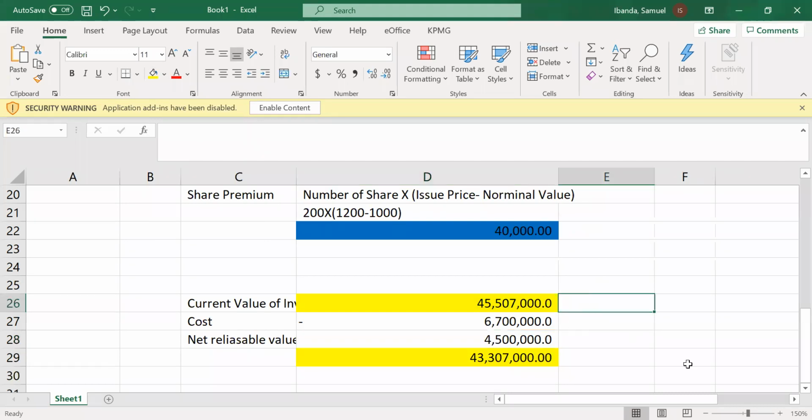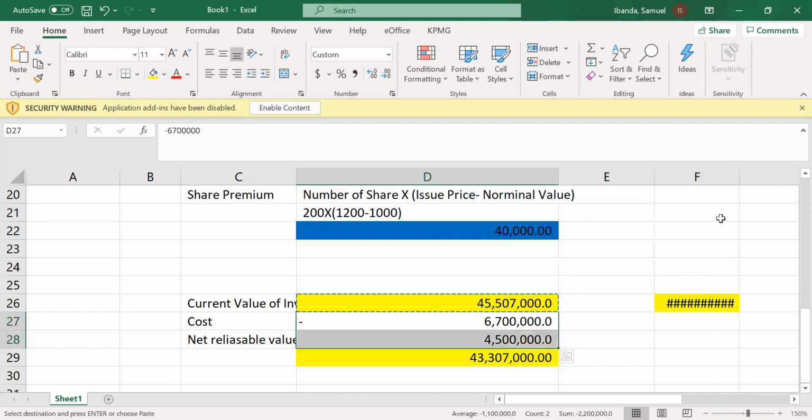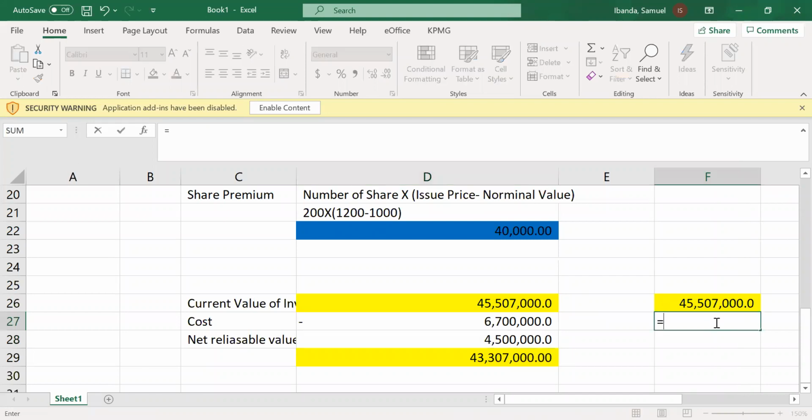You can either do this, or you can get this 45 and just adjust it with the difference between 6.7 and 4.5. When you press your calculator, you realize that the difference is about 2.2. Yes. So 2.2 is the difference.